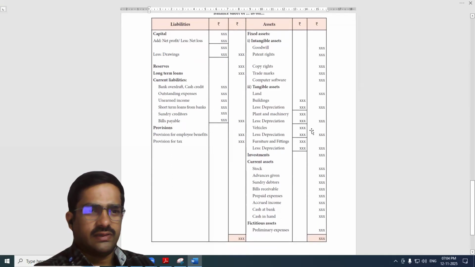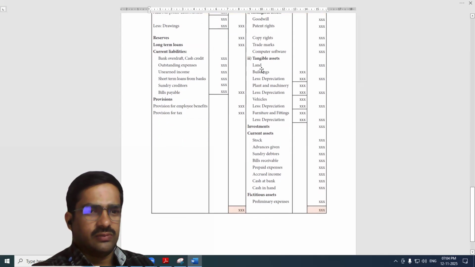When it comes to the asset side, first we start with intangible assets. What are the intangibles that the proprietor is having? Patents, copyrights, trademarks, and so on. If there is any adjustment, we are going to make the adjustment accordingly.